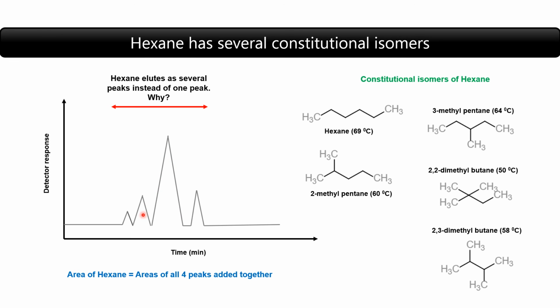So when you're having to calculate the area for hexane, you will have to calculate the areas under each of these peaks separately.